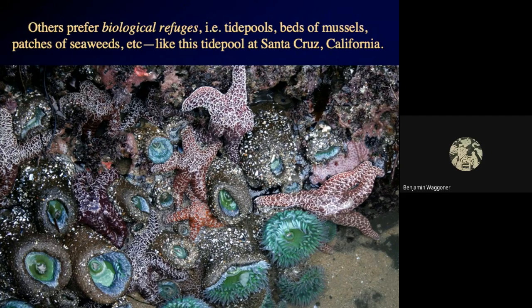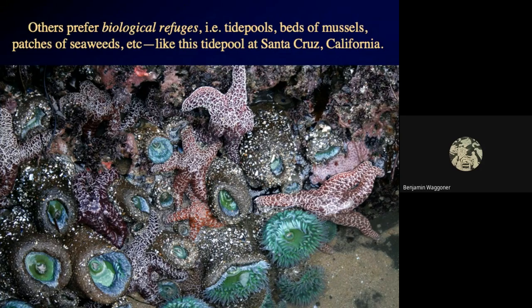Some of them, the ones over at the lower right, you can see have the tentacles out. The others have the tentacles retracted, probably because they're out of the water. Crawling around among them, those orange kind of spider-webbed looking things are Pacific sea stars, Pisaster ochraceus.